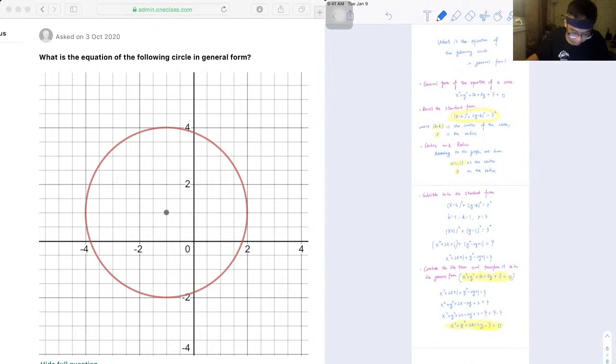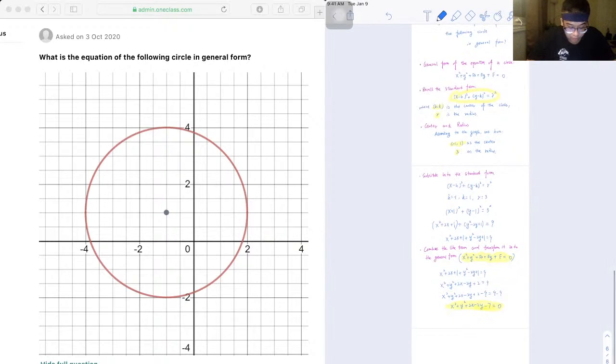Since we're given the center of the circle and the radius, we recall the standard form and substitute the value of the center and the value of the radius into this equation.